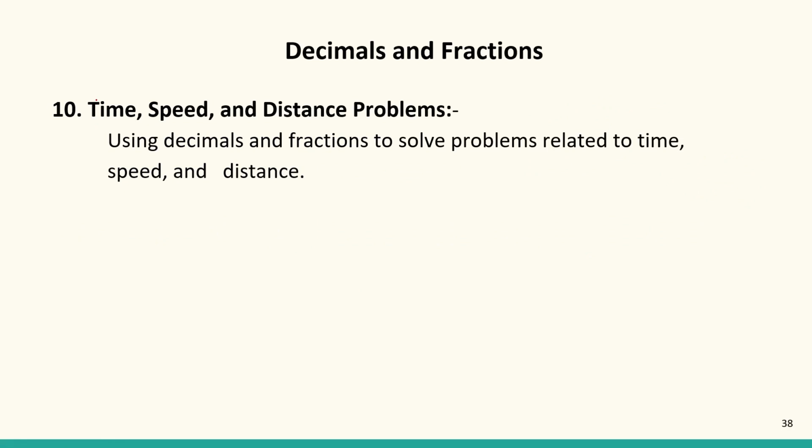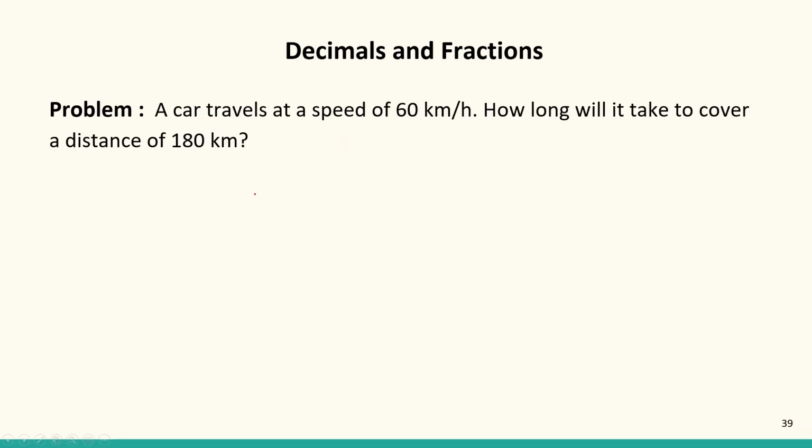So the 10th kind of problem will be on time, speed and distance. Using decimals and fractions to solve problems related to time, speed and distance. A car travels at a speed of 60 km per hour. You have a car down there and it travels at a whopping speed of 60 km per hour.